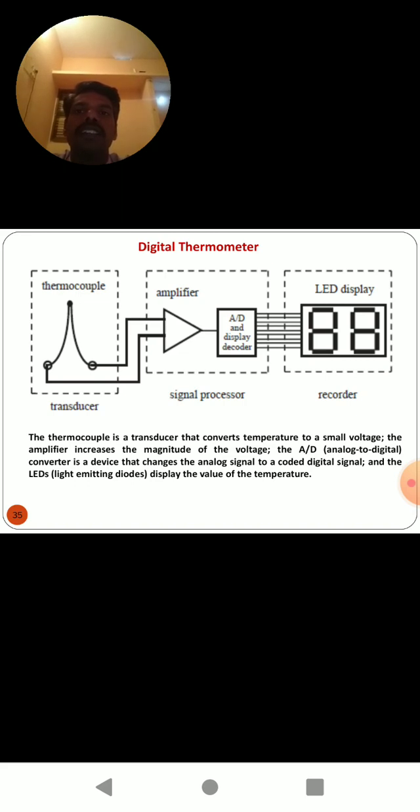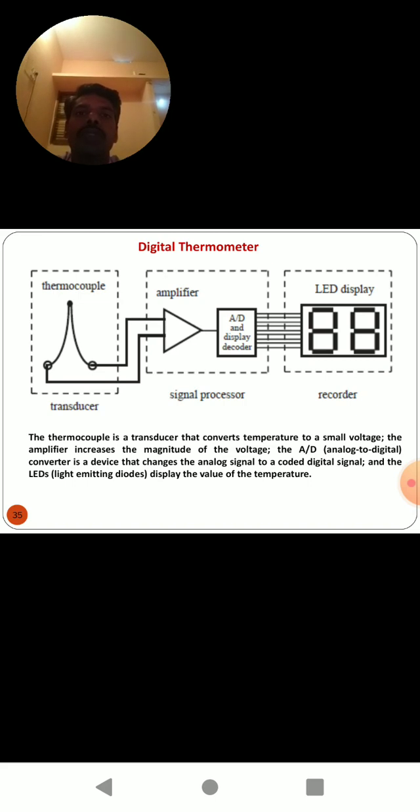That sensor or transducer output is provided to the processing unit in digital form. Based on the signal processor output, the output is provided to a display unit or recording device.